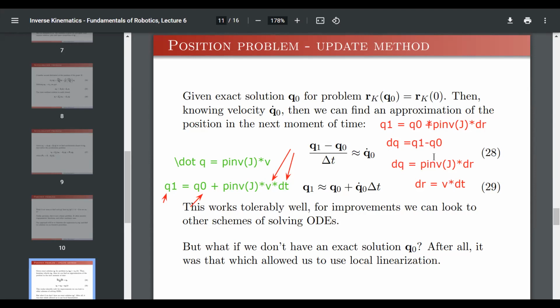And you can see we are slowly approaching the definition of what J is. Next we will say pinv of J is somehow like dq/dr. If we move it around, we say J is dr/dq, right? So what I'm trying to say is that if we play with this definition, we get all kinds of completely obvious things, right? This was just from Euler integration, right?